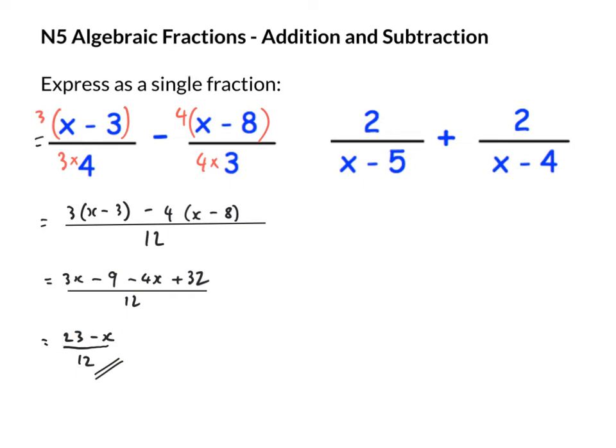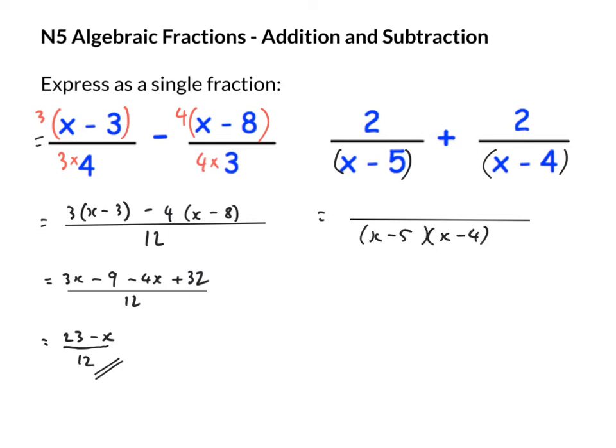The second one looks like it should be more difficult because we've got the expression bits on the bottom, but it isn't really. We need to write this as a single fraction. It needs to involve an x minus 5 and an x minus 4. So basically, we need a factor of this on the bottom, and we need that second factor on the bottom.